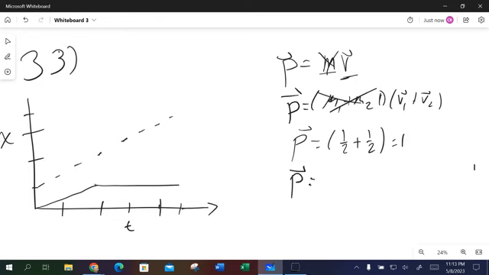Our momentum after 2 is going to be equal to, now it's going 4 minus 2 in 3 seconds plus 0, which means we get 2/3. So our velocity decreases, and so P is smaller than it was before t equals 2. Therefore, our answer is B.